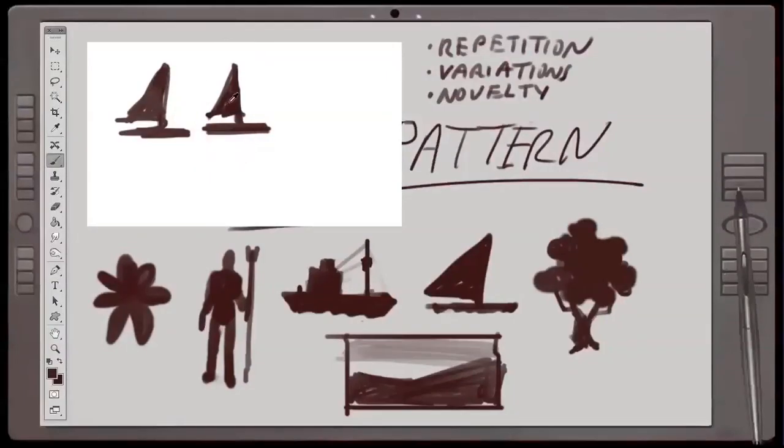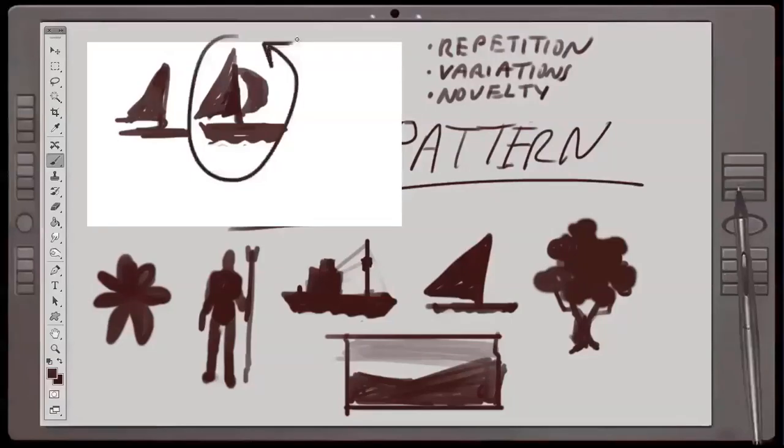However, if I do this and I add, let's say, a sail here that this sailboat doesn't have, and I enlarge the sailboat somewhat, like this, what I now have is repetition of object in both sailboats, but I now have variation of shape, because this shape doesn't look exactly like that one.